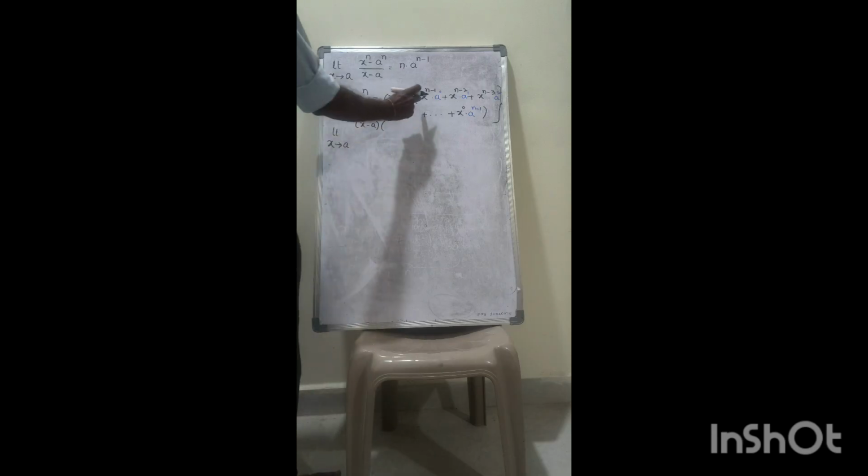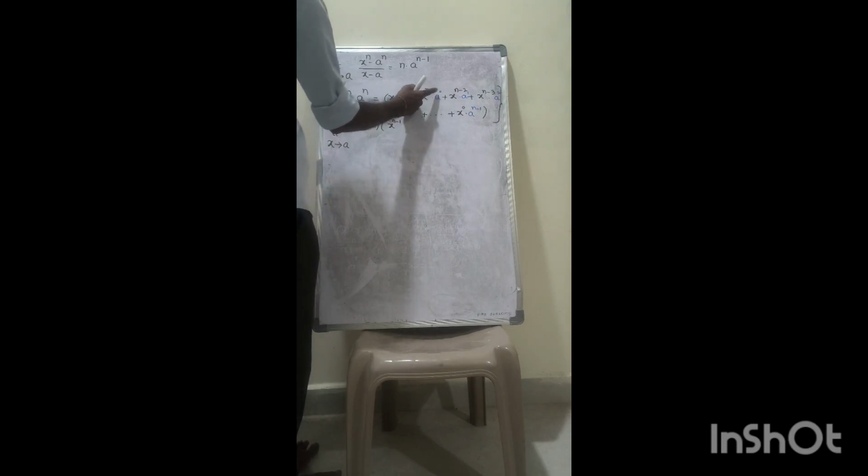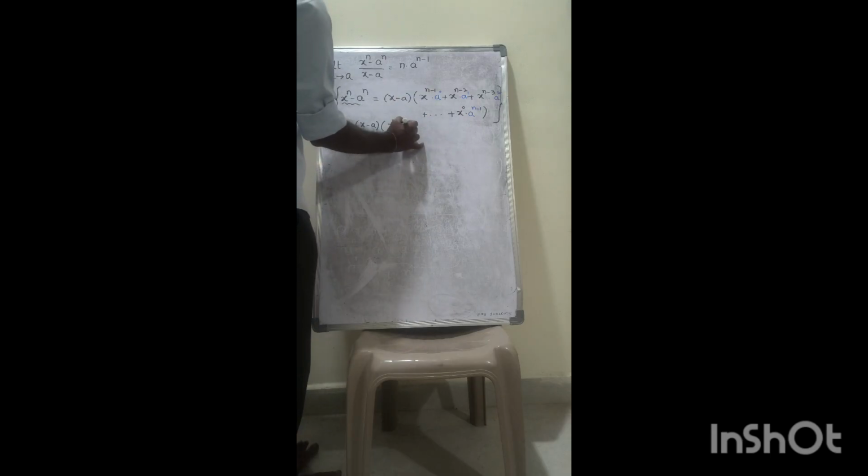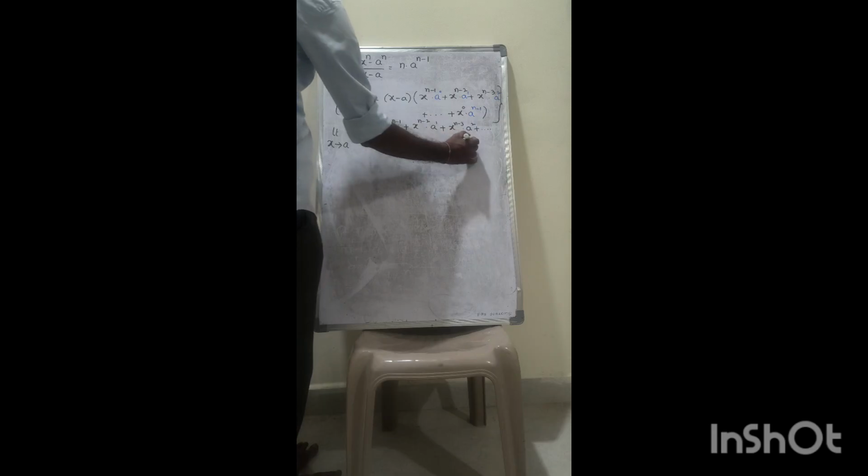In place of x power n minus a power n, I am writing x minus a times (x power n minus 1, since a power 0 value is 1, plus x power n minus 2 into a power 1, x power n minus 3 into a power 2, and it ends with x power 0 which is 1 into a power n minus 1).